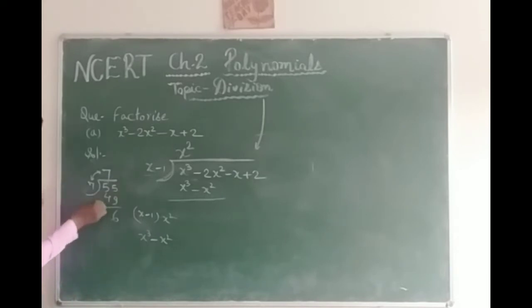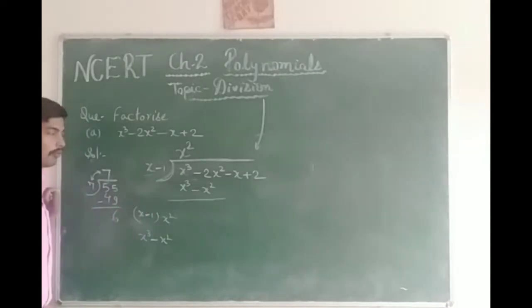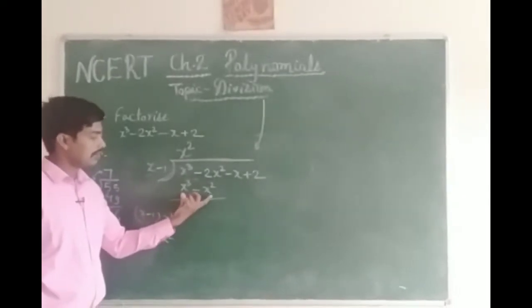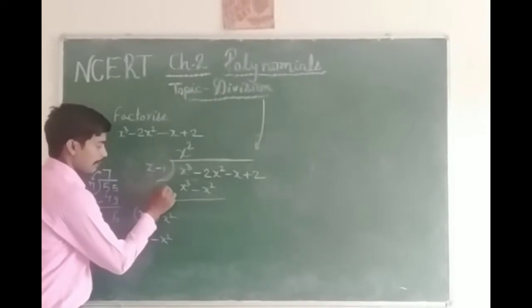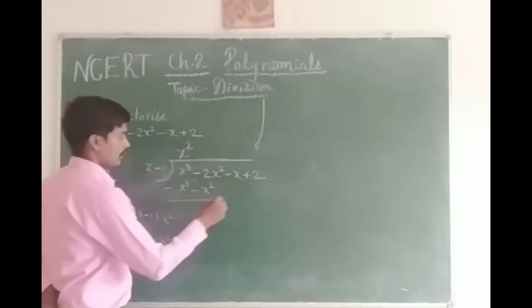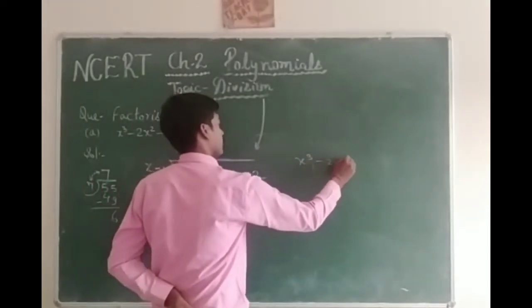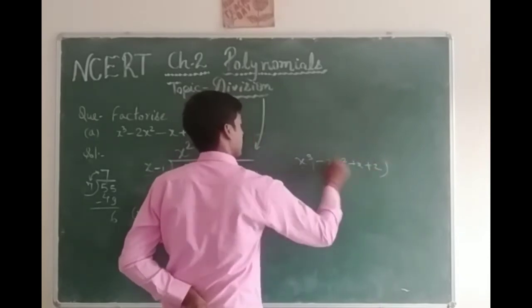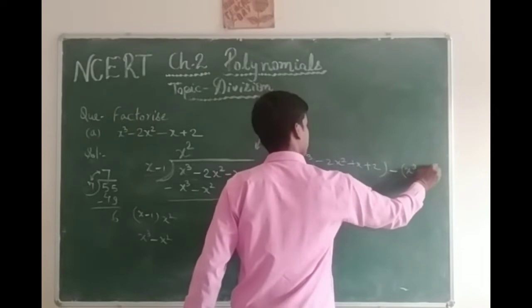After then we perform the subtraction. In a binomial, when we are going to subtract, the sign of the subtracted binomial will be changed. How? Let's see. I have x cube minus 2x square minus x plus 2, and I'm going to subtract x cube minus x square.